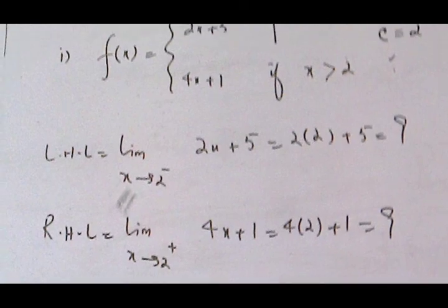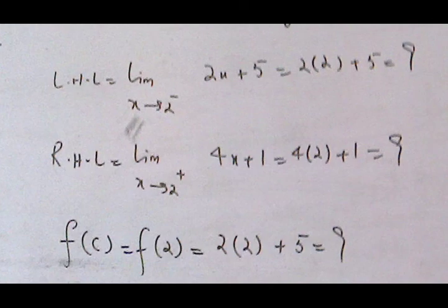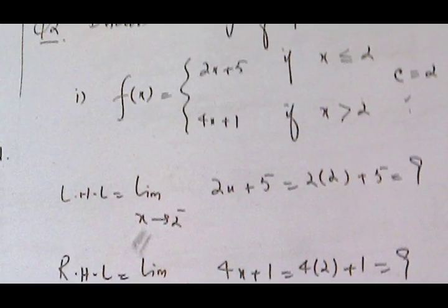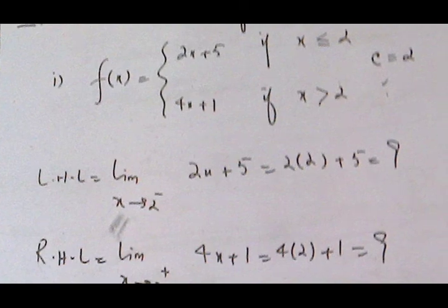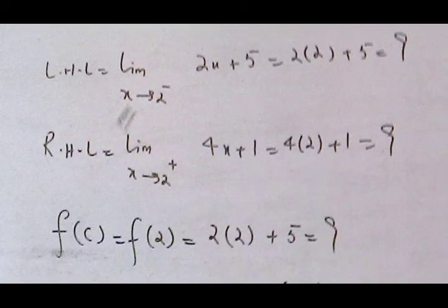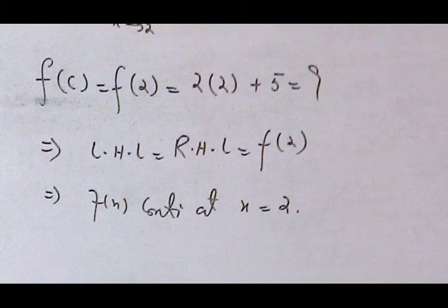For the right hand limit we use the second function, and for f of c, the equal sign is in the first function, therefore we use the first function. Therefore the three values are equal, the function is continuous.